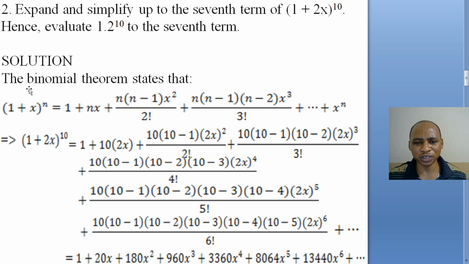Now, the solution goes this way. First, we state our binomial theorem. Then second, comparing (1 + 2x) all raised to the power 10 to (1 + x) all raised to the power n.